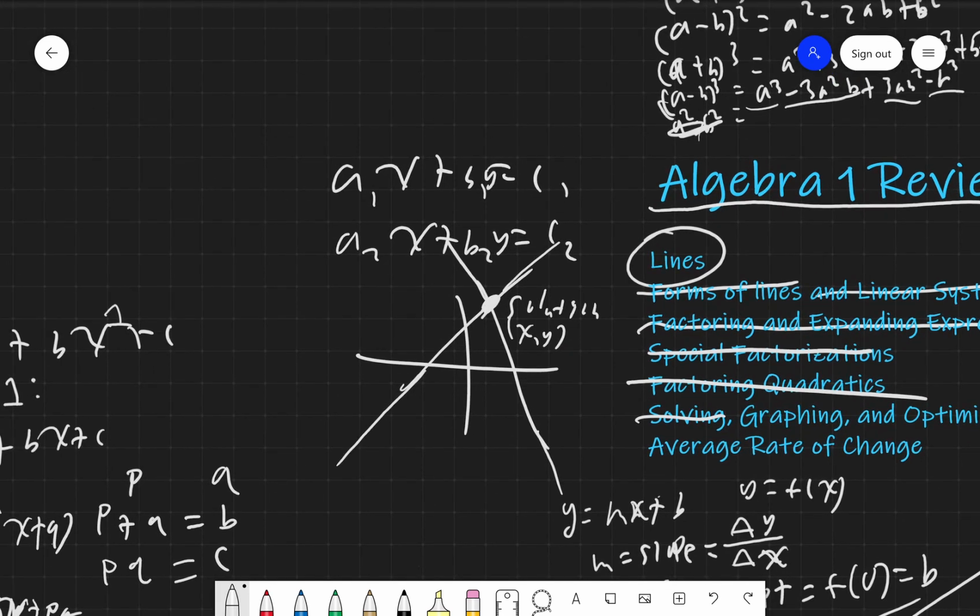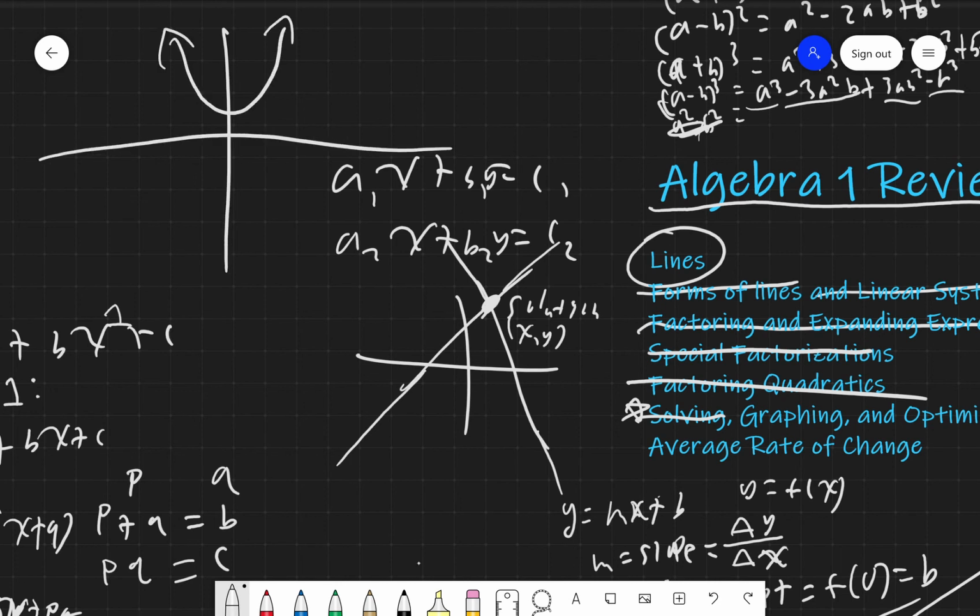So graphing or optimizing is where we find the maximum or minimum. Let's talk about graphing first so we can get a visualization. When you graph it, you get this little curve.